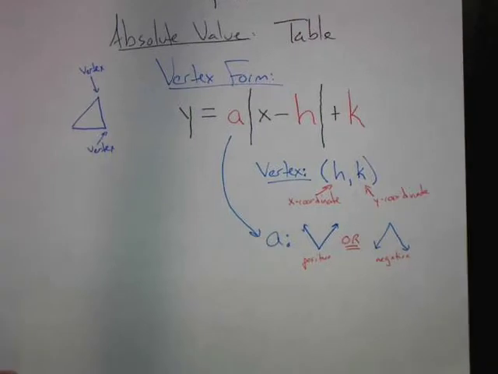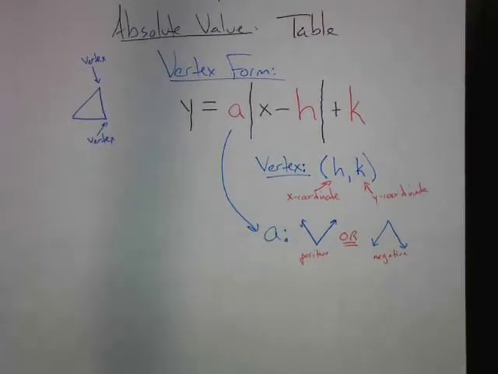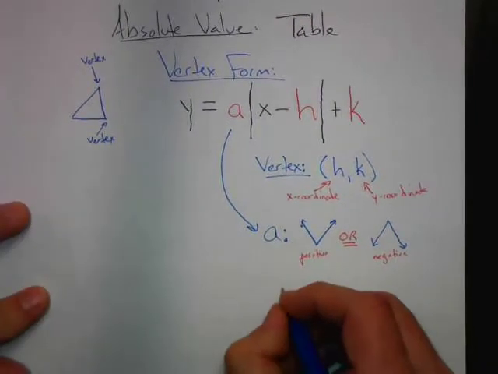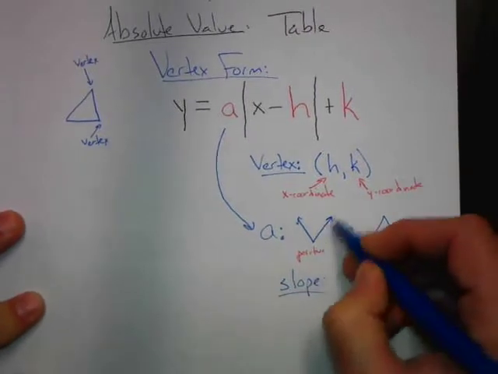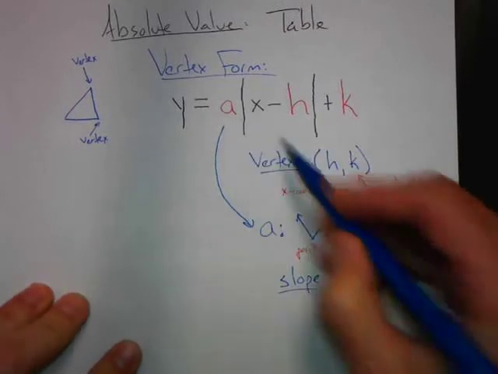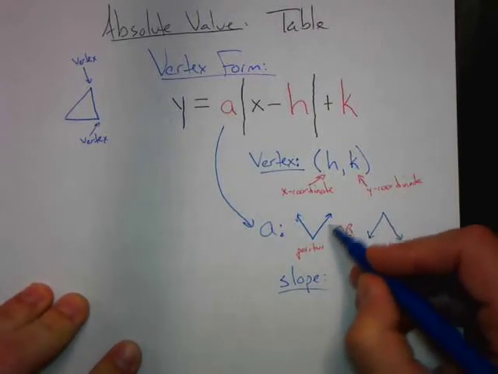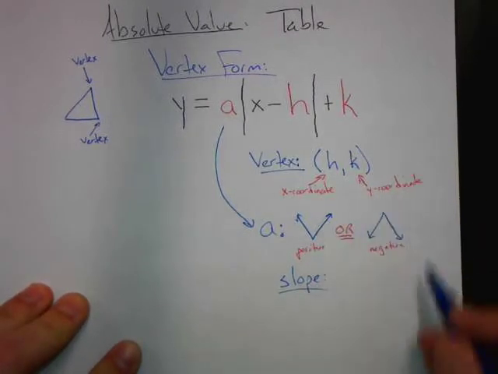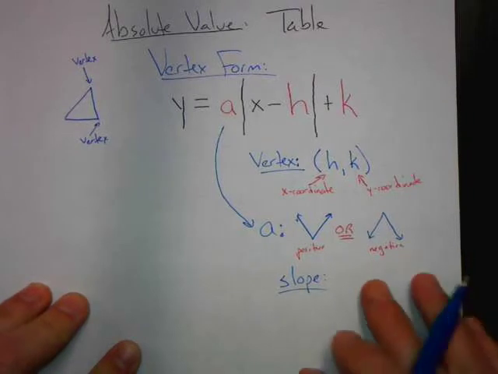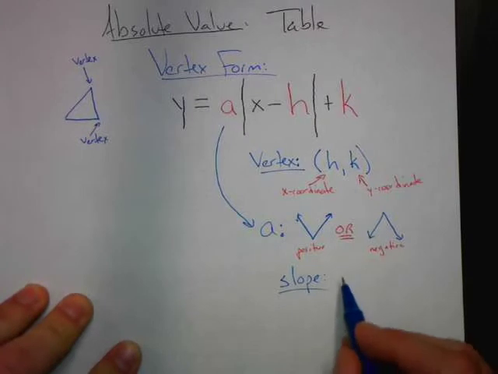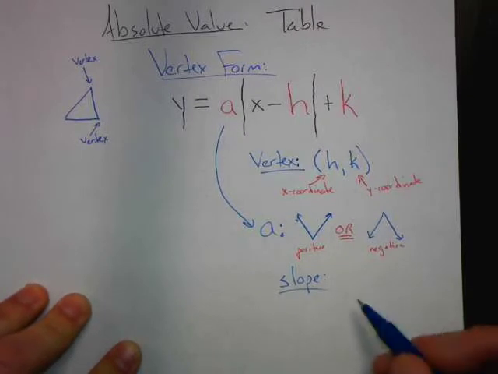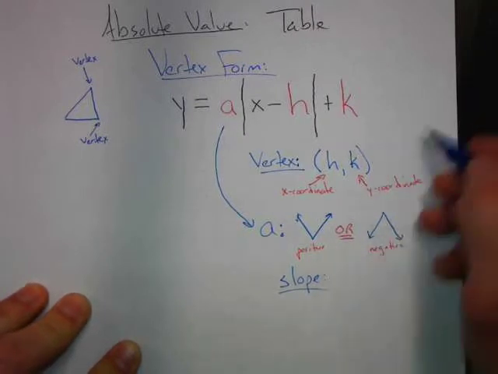a also tells us another piece of information. a also gives us the slope of each of those line segments. So no matter what a was, if you look at the one part of the line, it gives us the rise over the run for that segment. So we can tell if it's going to be a V or an upside down V, and we can tell what the slope of that line segment or that ray would be.